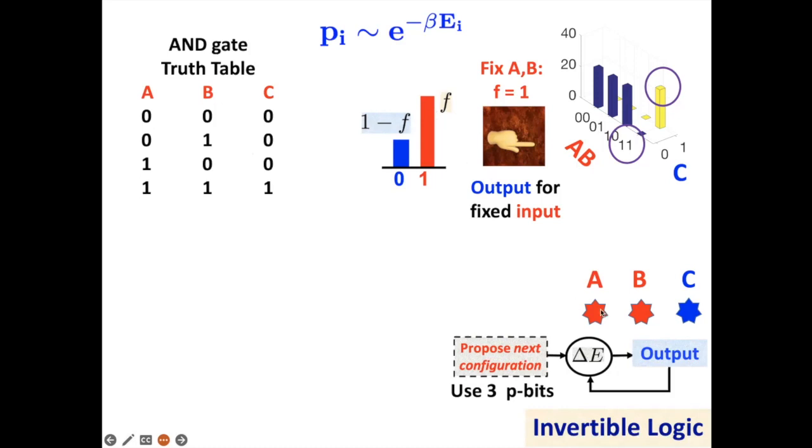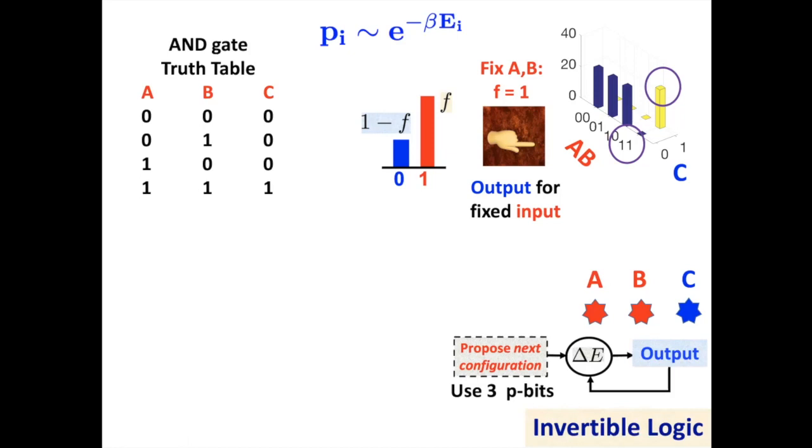So each one of them freezes into 1, 1. Well, in that case, what will happen is it will disallow all these other 3, and you won't see them. Instead, you will only see that one. See? And so you could use this as an AND gate.